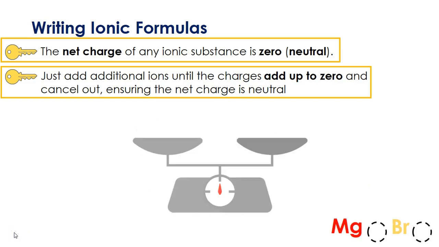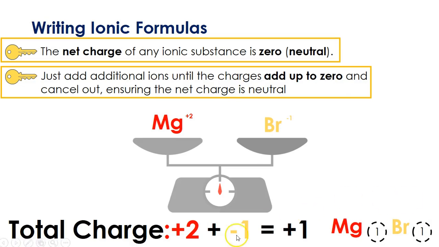So let's start by modeling our example of magnesium and bromine. We know that we're starting with one ion of magnesium, and it has a +2 charge. And we also have one ion of bromine, which has a -1 charge. So if you take a look over here, we indicated that we have one magnesium and one bromine. Now we just need to figure out, do these charges add up to 0?